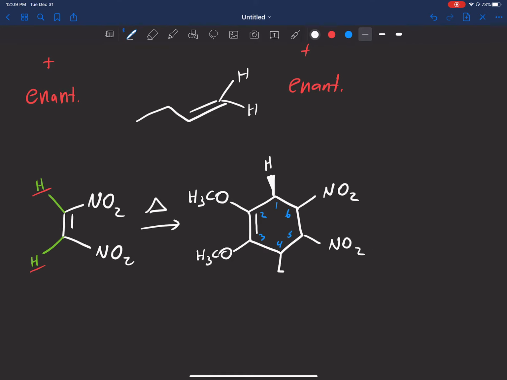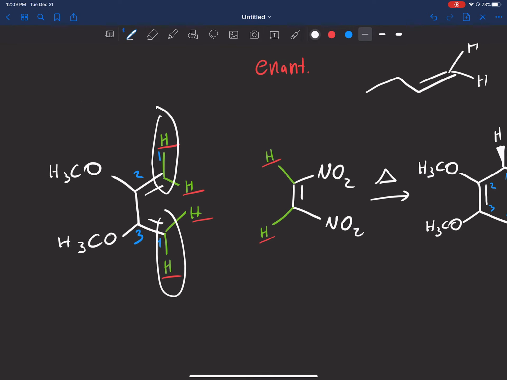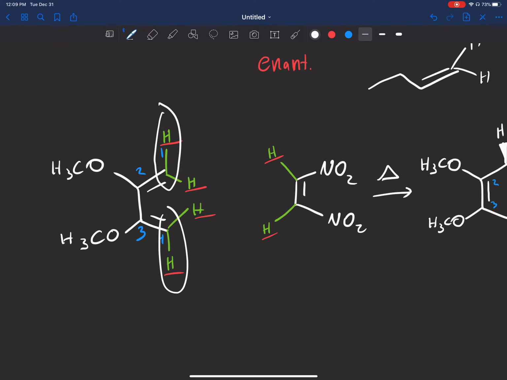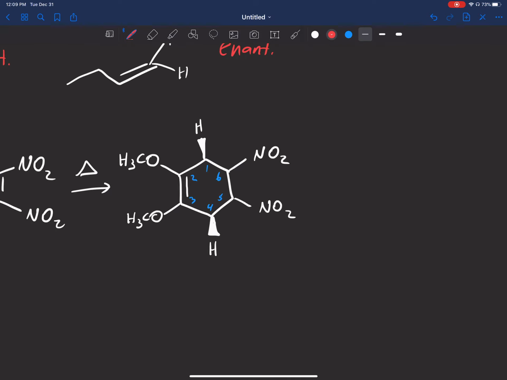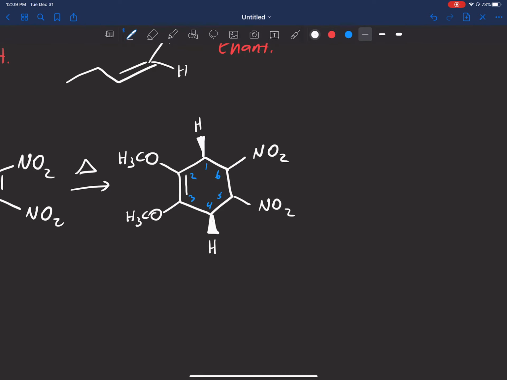And then here's that other hydrogen that we said was this other trans hydrogen. We have these two hydrogens that have the same stereochemistry as each other, but they also have to have opposite stereochemistry as these trans hydrogens. So if we made the trans hydrogens wedged, the cis hydrogens get a dash.